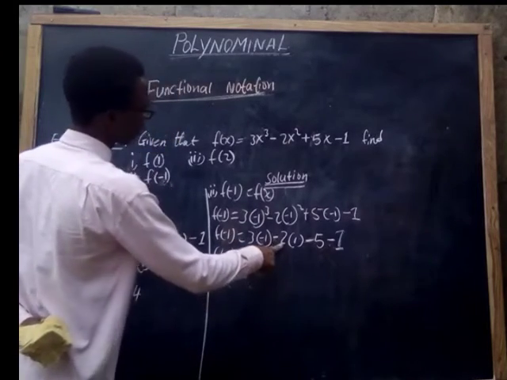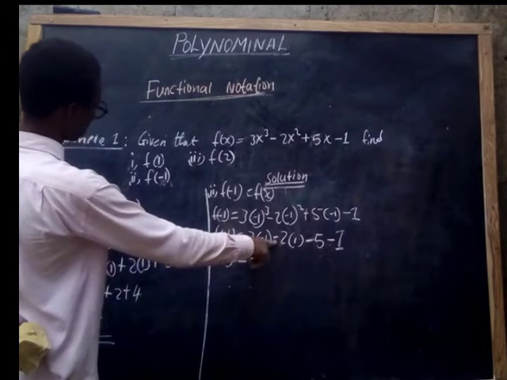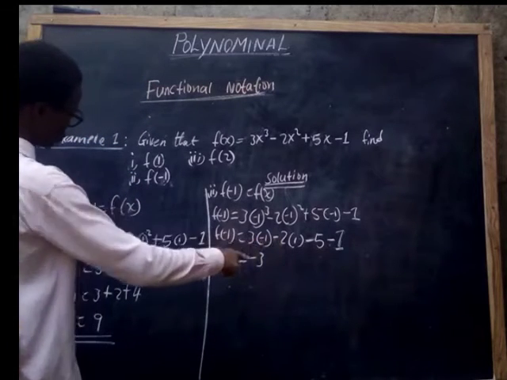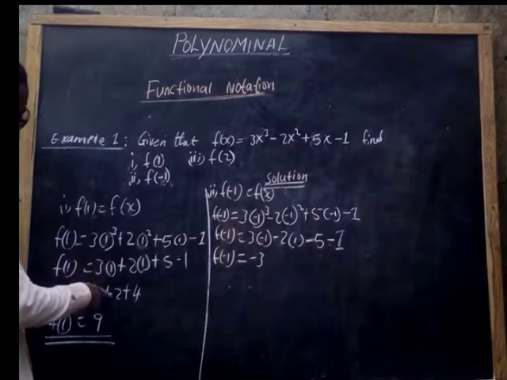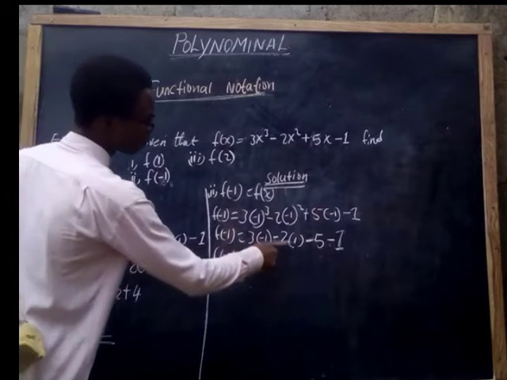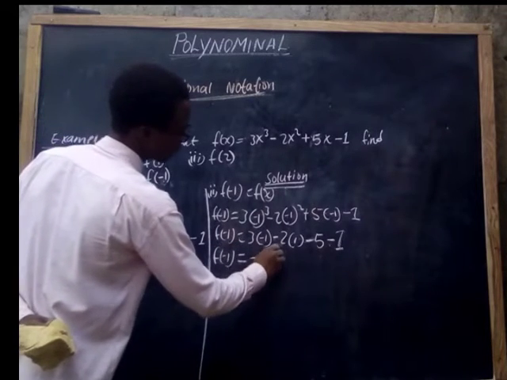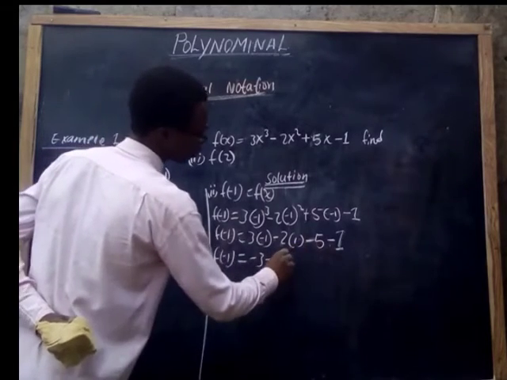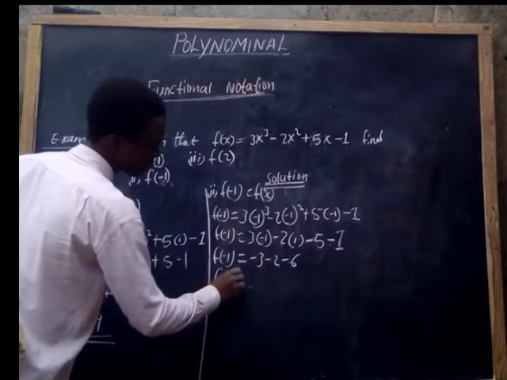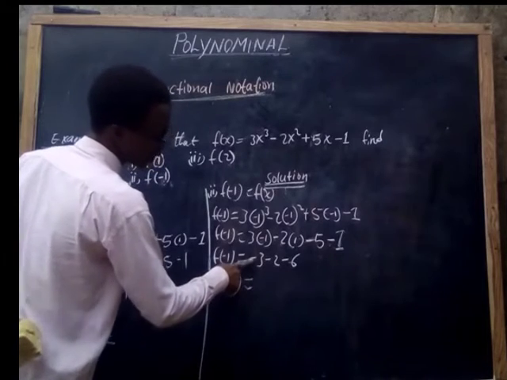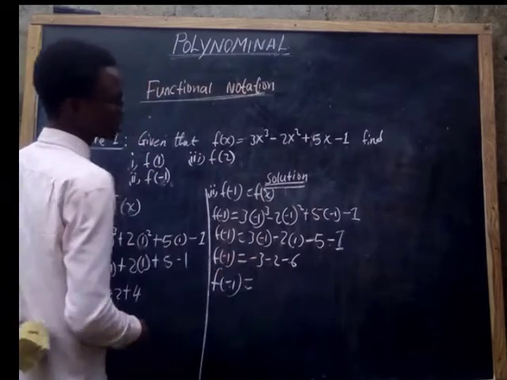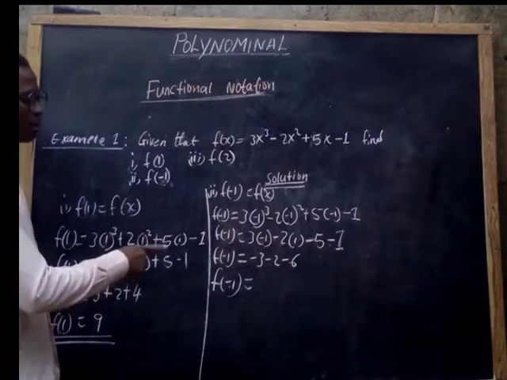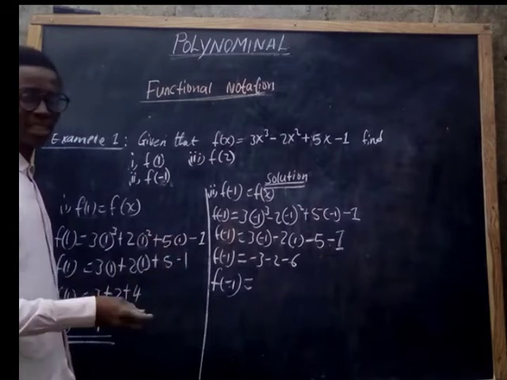Minus 2, sorry, we have a mistake. Good. So minus 2 times 1 is equal to what? Minus 2. Minus 5 minus 1 is equal to what? Minus 6. So f(-1) is equal to minus 3 minus 2 minus 6, equals what?